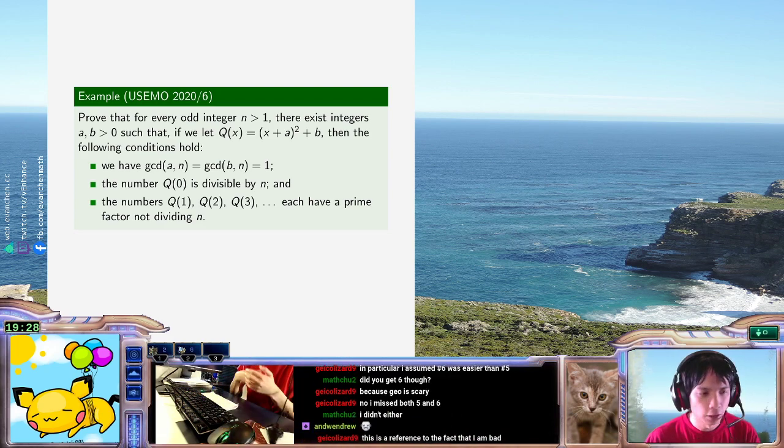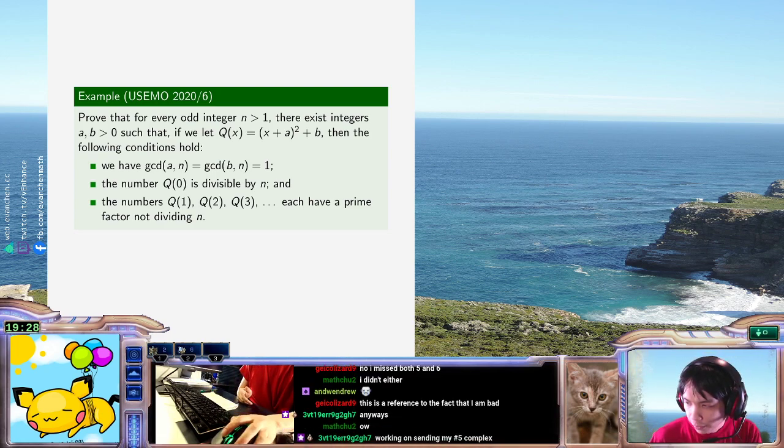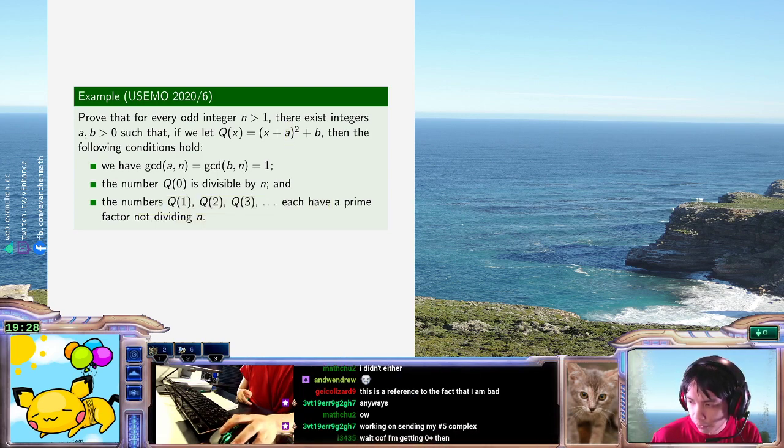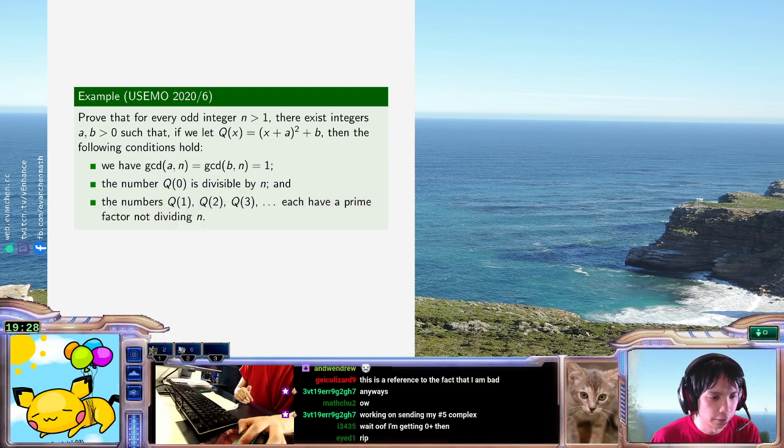Let me talk a little bit about why the conditions are here. This is really saying that I want sufficiently large inputs. A is a shift, right? So this condition is just saying I want sufficiently large inputs to have big prime factors. So let's do it this way.